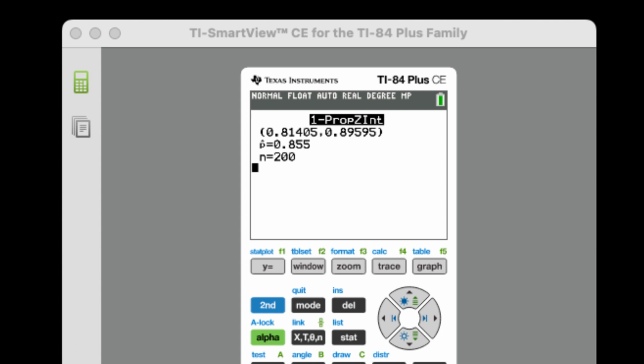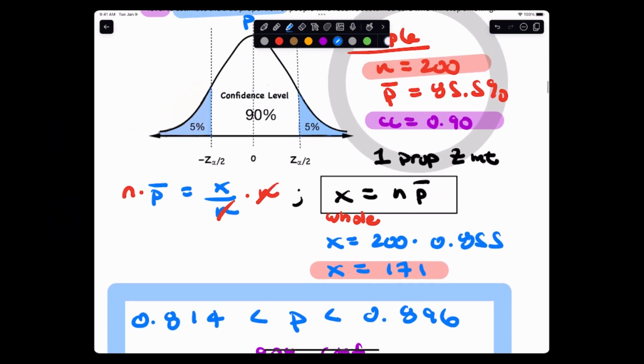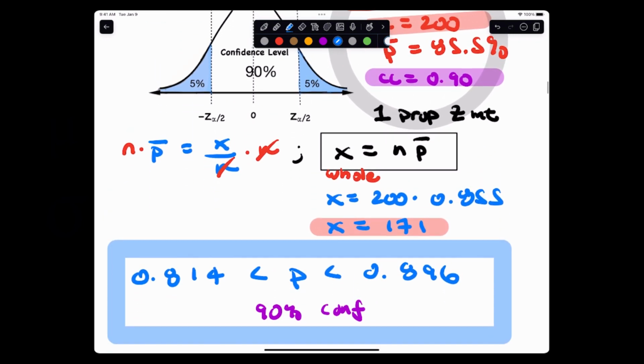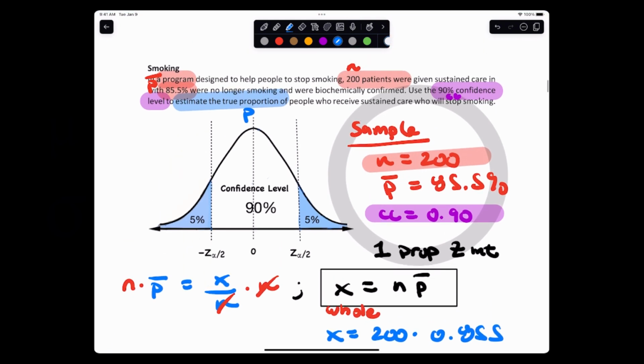And you say this with 90% confidence. So, ladies and gentlemen, the true proportion lies between 81.4% and 89.6%, and that's how effective this program will be.